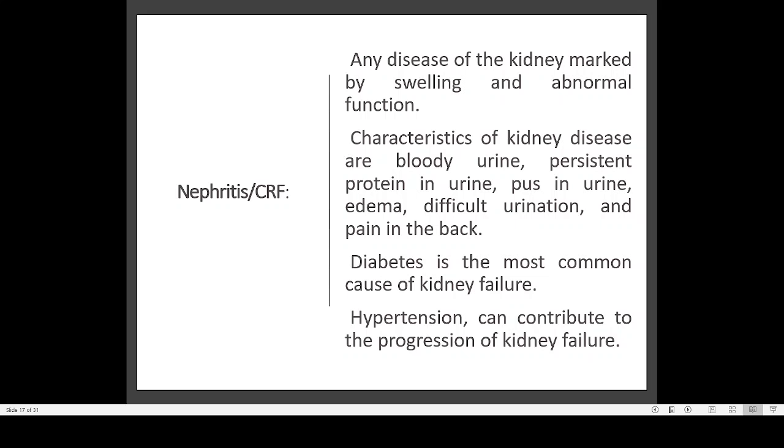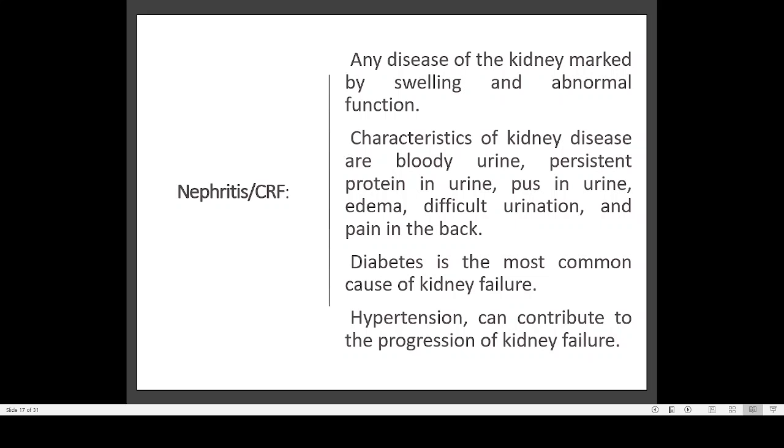Now here you can see that hypertension simply means high blood pressure. That is the most important cause of kidney failure, because kidneys consist of very fine, very small tubules known as nephrons. These nephrons, because of higher blood pressure, may get damaged. You might have studied about the nephron in your high school or plus 2 classes.